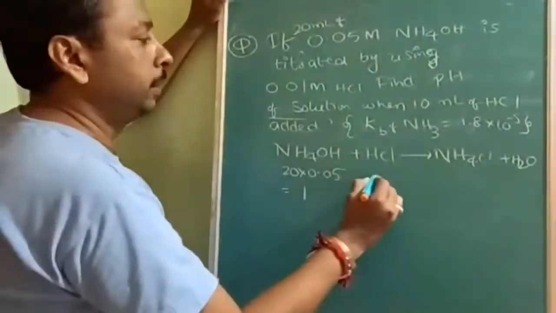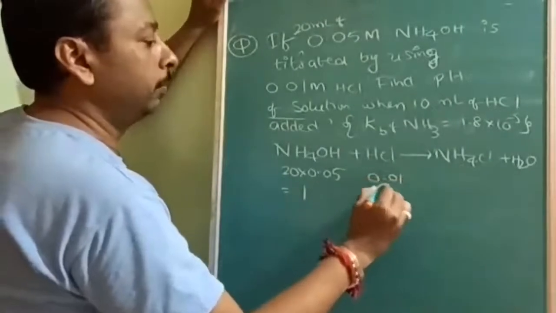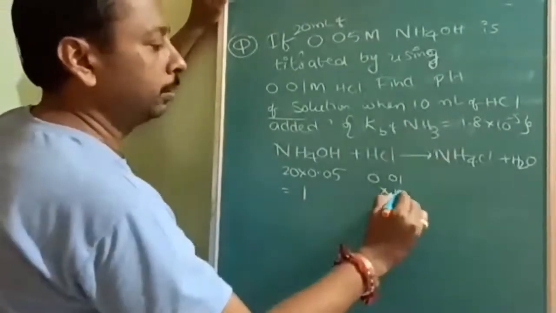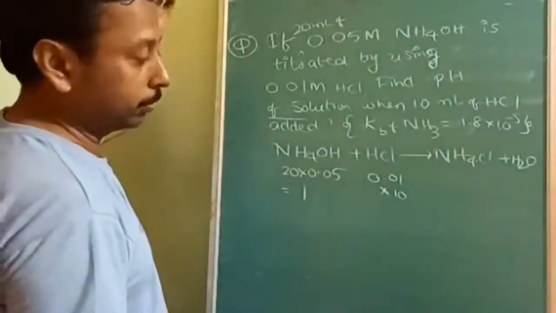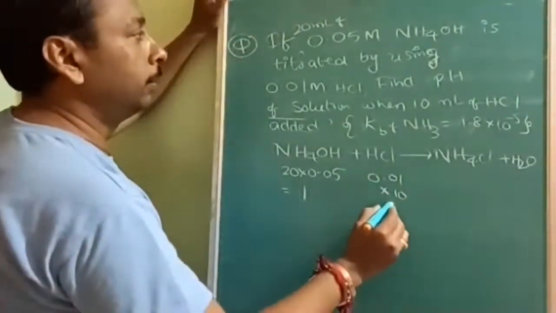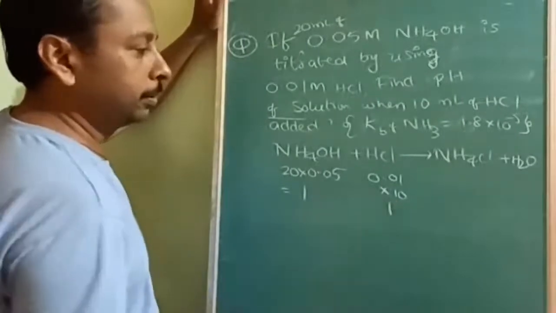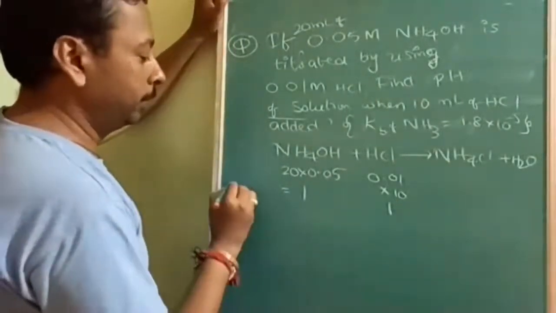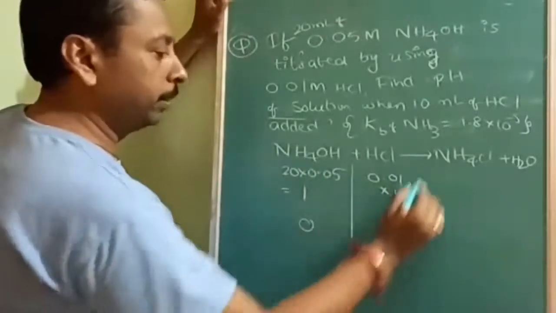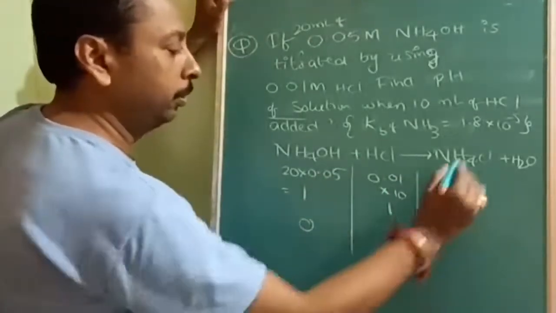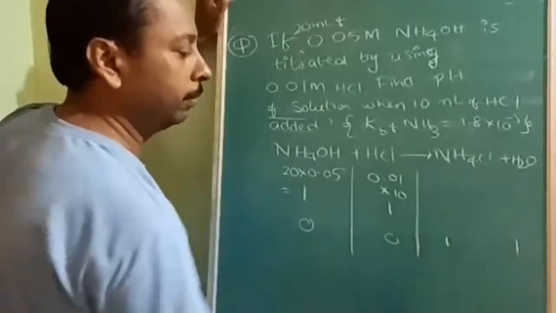And HCl, 0.01 into 10, this is also how much? 1. So very simple question. After this, this will become 0, this will become 0, and this will become 1, this will become 1.